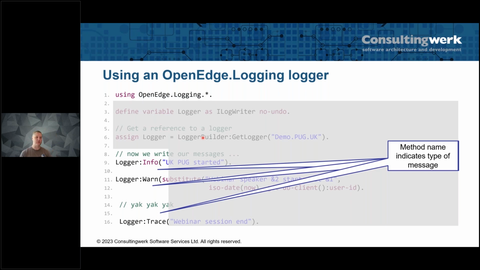Another way would be to have a general write message and pass a parameter for the log level. That works as well, but in this case, the method names do that. So info, warning, trace, and these are various levels. If you get trace, you're going to get everything. If you get debug, you're getting everything but trace, etc. There's kind of a hierarchy.